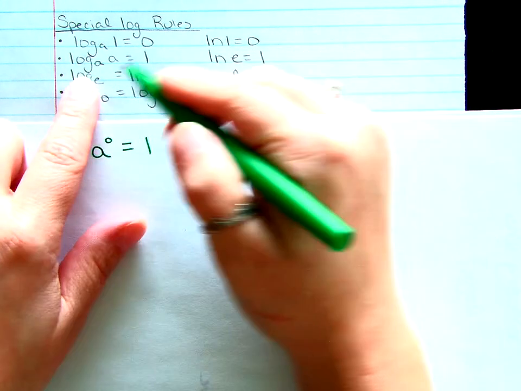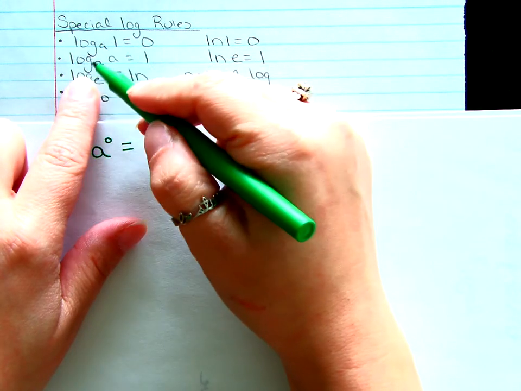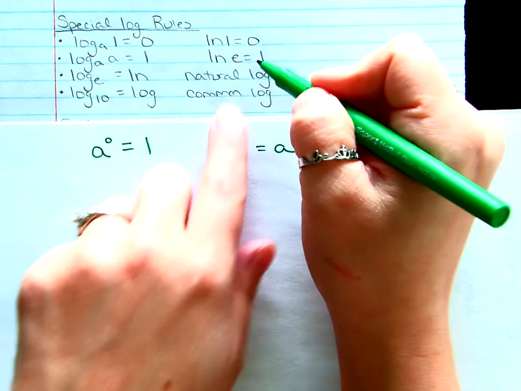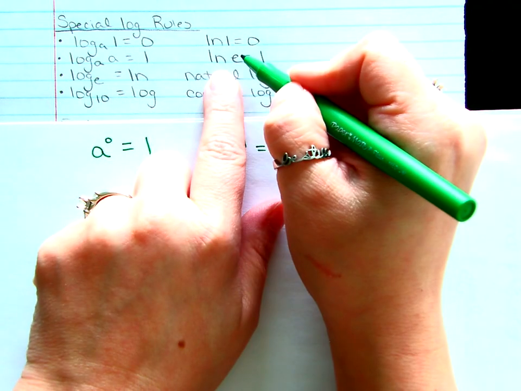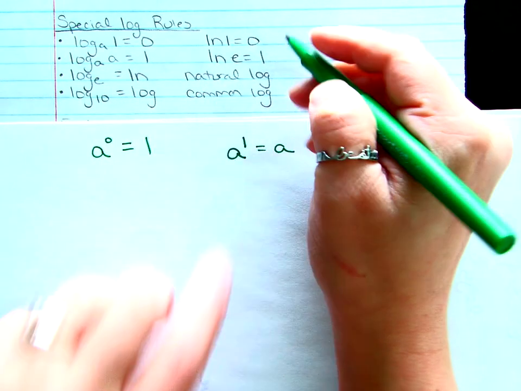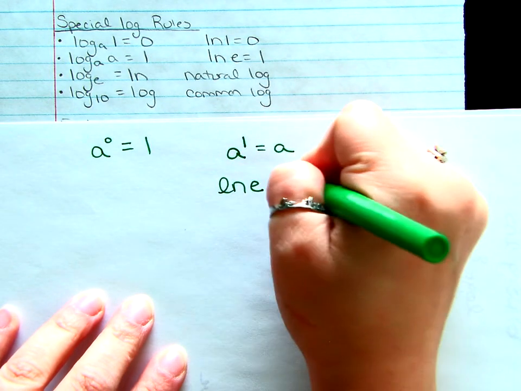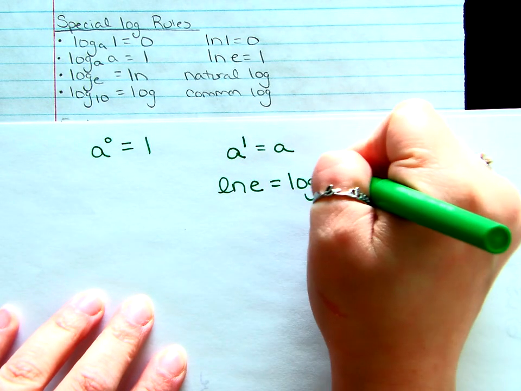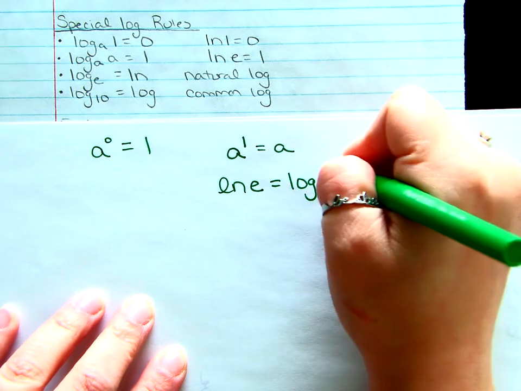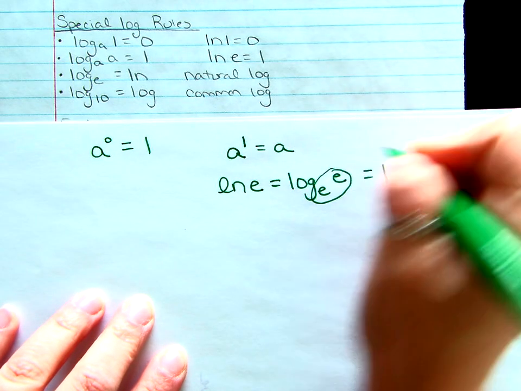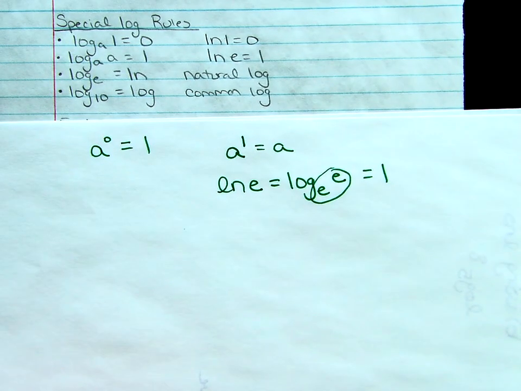If these two numbers are the same, it always equals 1. That's why over here, ln of E also equals 1, because ln of E is the same thing as log base E of E. If these two numbers are the same, you will always get 1. Always, always.